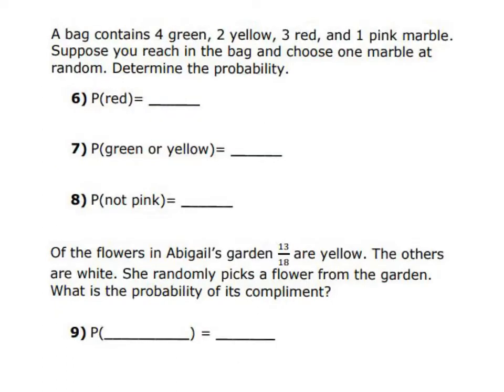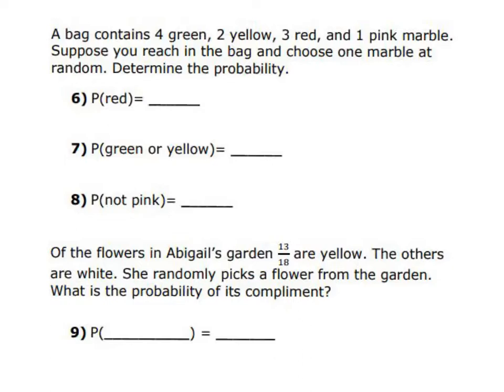This next one, we are doing word problems, and if we have to draw it, I suggest you draw it. If you don't need to draw it, then you're fine. But remember, you always need to find the total of what the bag has or the container has or anything like that. It says a bag contains 4 green marbles, 2 yellow marbles, 3 red marbles, and 1 pink marble.